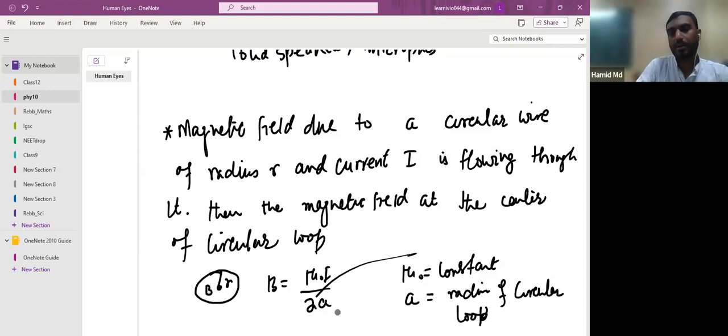Clear? Here you will find it is 1 over a. Mu naught I over 2a. So this is the case for a circular wire or circular loop.